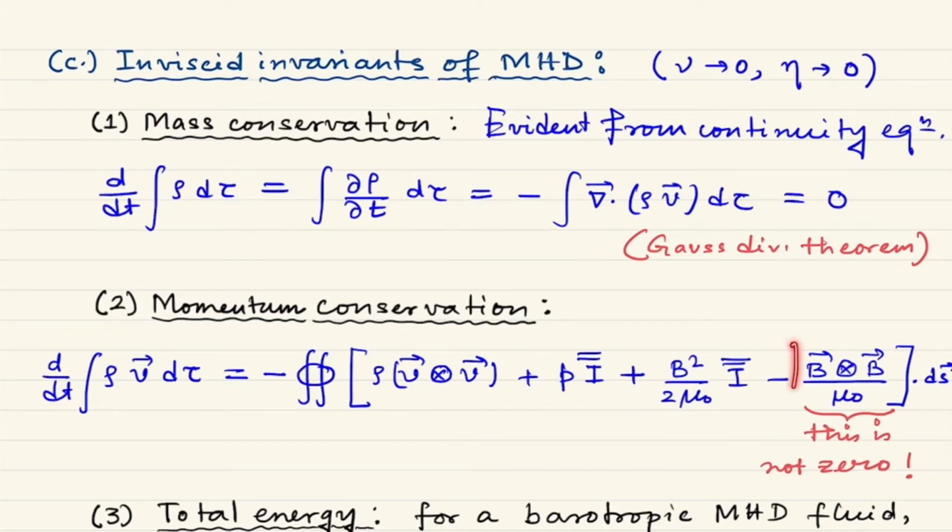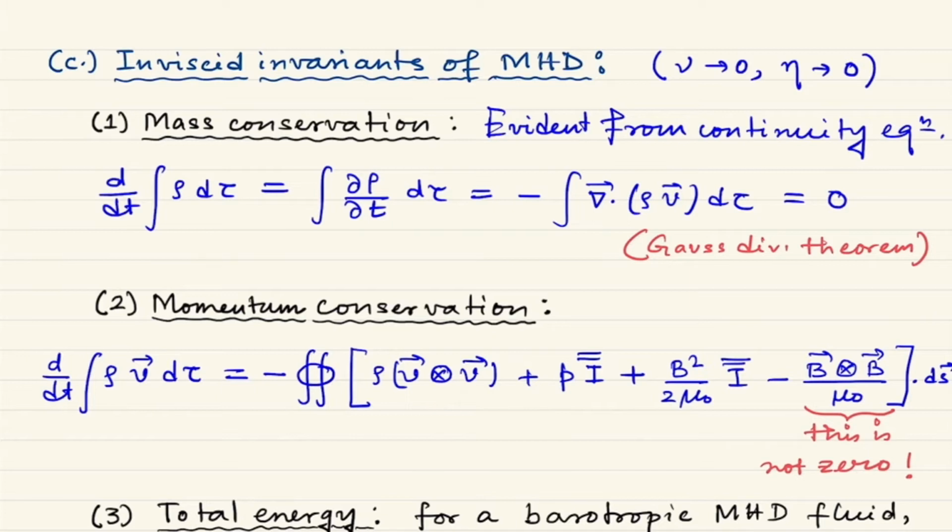So this basically causes the linear momentum in the MHD equations not to be conserved. However, for the hydrodynamic case this term is no longer present. You might have the impression that if this is causing a problem then the other terms can also cause problems, but fortunately they do not.